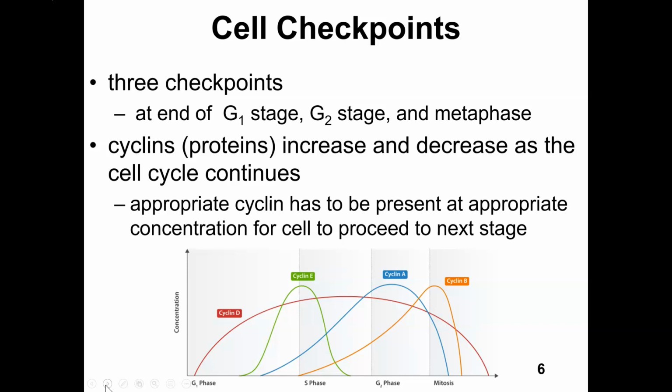And in these checkpoints, there are proteins called cyclins that are going to be checking to make sure that the cell is ready to go to the next stage. Cyclins work with another protein called CDK, cyclin dependent kinase. Okay, so it's CDK. I'll write it here.